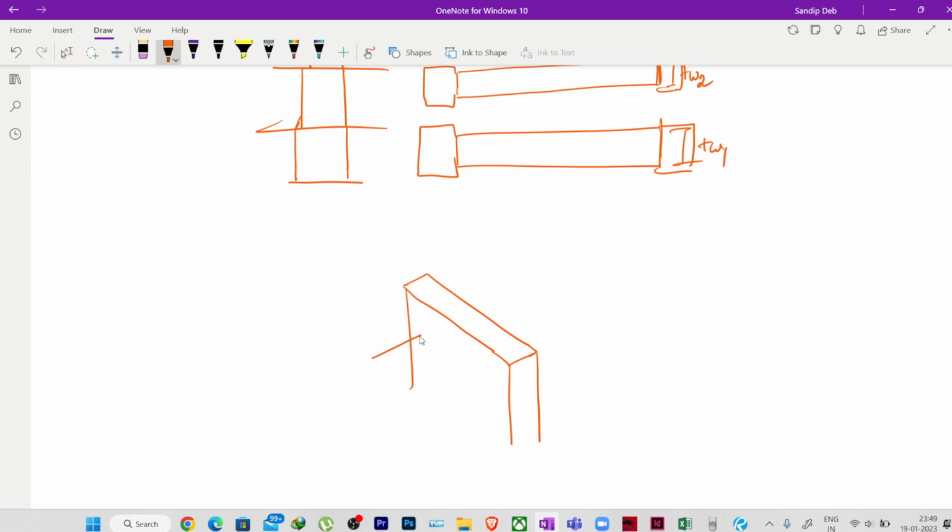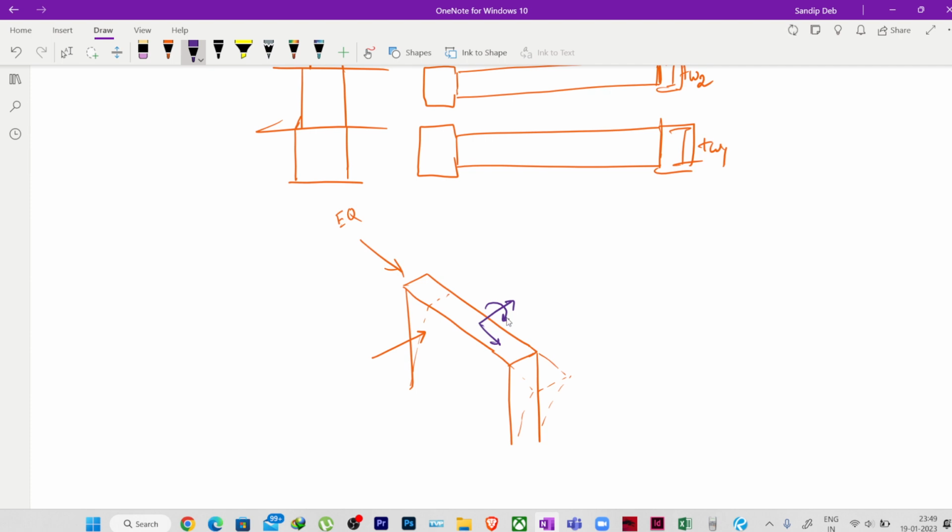Suppose we have forces from this direction and from this direction. When we have forces from this direction, suppose EQ, then the shear wall will be deflected like this. If I draw the axis like this, when the force is coming from this direction, we will have moment like this, by the right hand thumb rule.